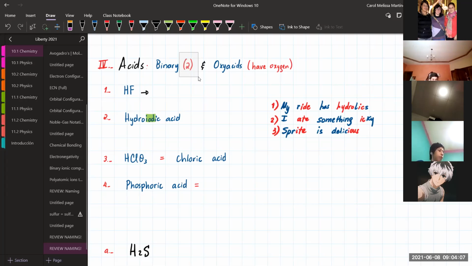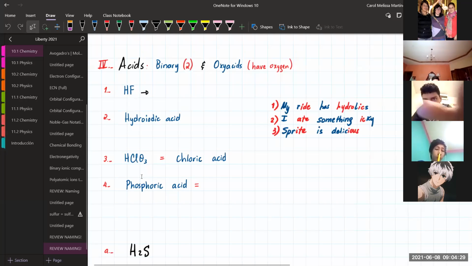It means the same, acids that contain oxygen. In this first part, I'm gonna be with you with examples for both binary and oxyacids.